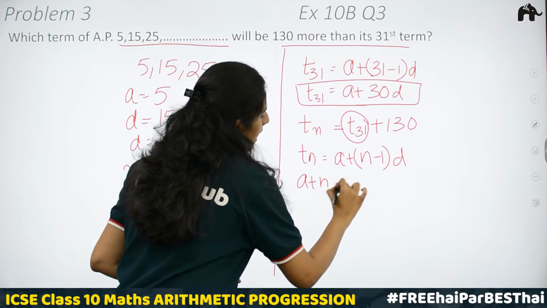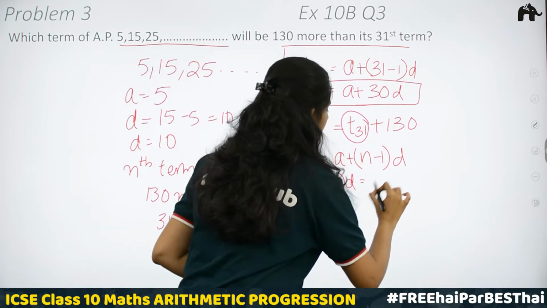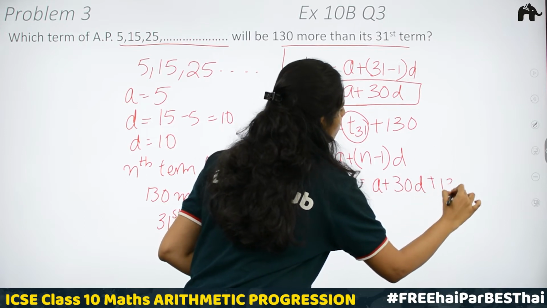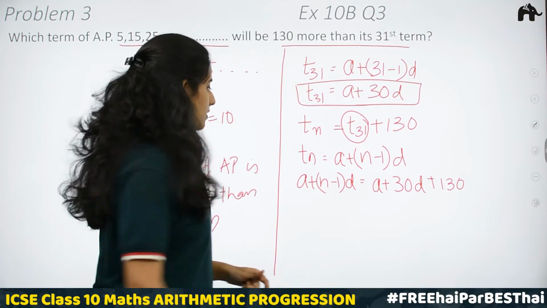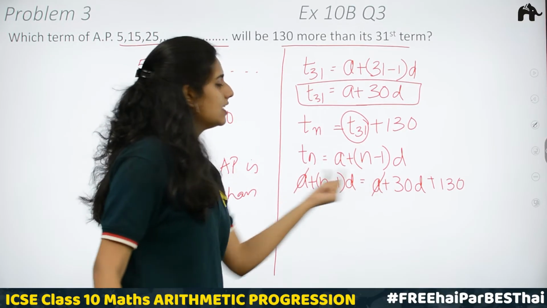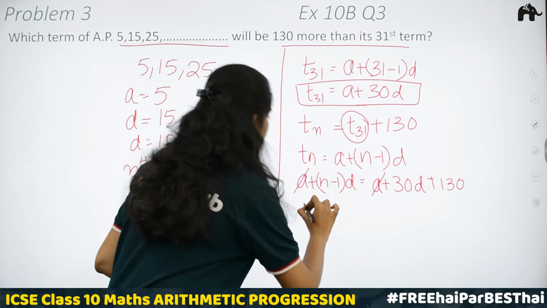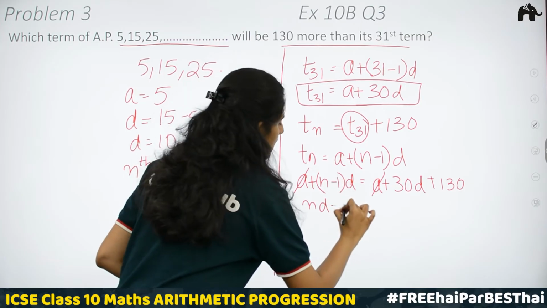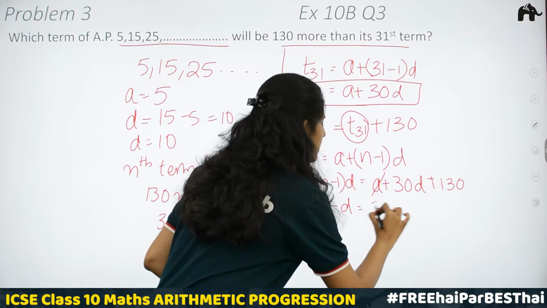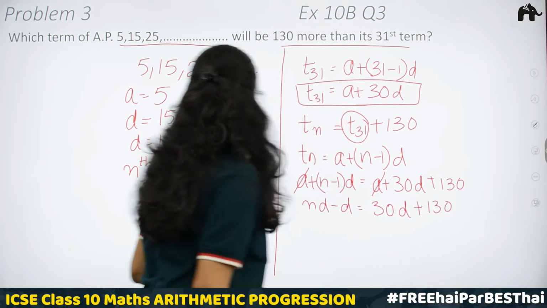A plus n minus 1 into D is equal to A plus 30D plus 130. This A and this A can be cancelled. Same term is there on the left hand side and right hand side. What is remaining? Here we have nD minus D, removing the brackets and multiplying. On this side we have 30D plus 130.